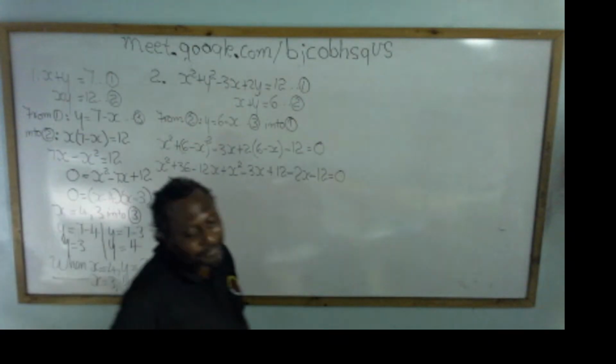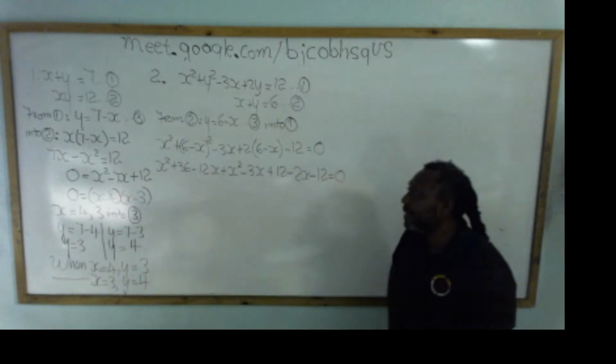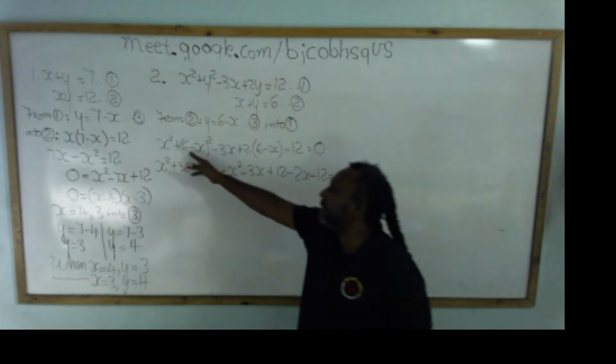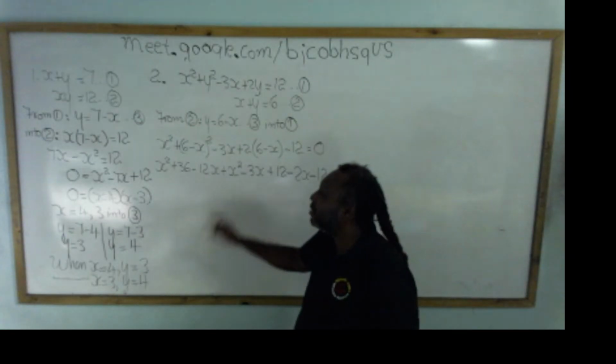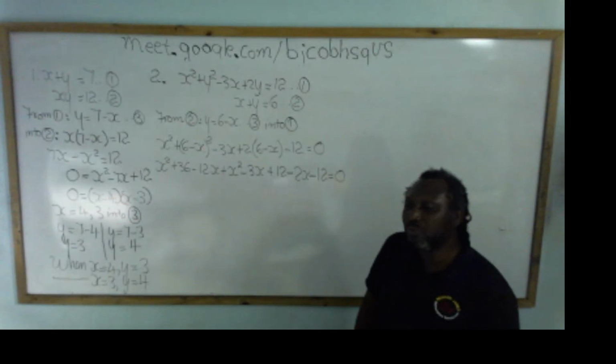So everybody who would have forgotten that, you would have gotten this problem wrong. Because when you have a perfect square, you do not just put 6 squared is 36 and when we square the x we get x squared. No, it's not like that. There is a middle term that is equal to 2 times the first and the second.